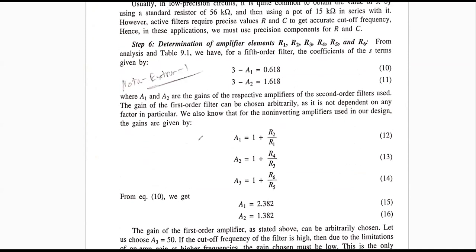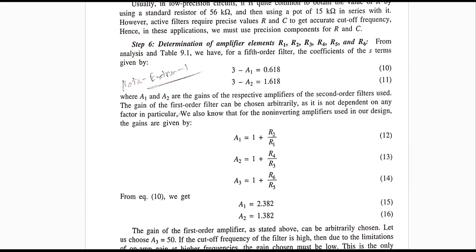Where A1 and A2 are the gains of the respective amplifiers of the second order filters used, the gain of the first order filter can be chosen arbitrarily. For the first order filter, you can choose the gain arbitrarily, as it is not dependent on any factor in particular.